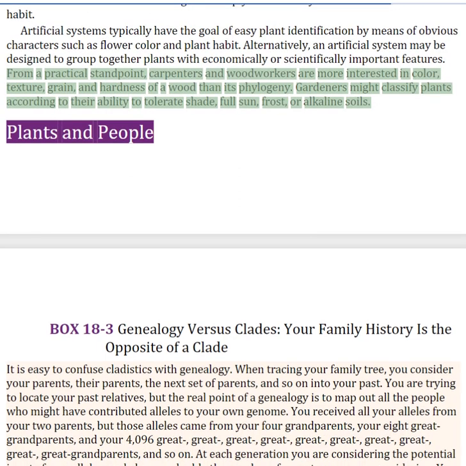From a practical standpoint, carpenters and woodworkers are more interested in color, texture, grain, and hardness of a wood than its phylogeny. Gardeners might classify plants according to their ability to tolerate shade, full sun, frost, or alkaline soils.